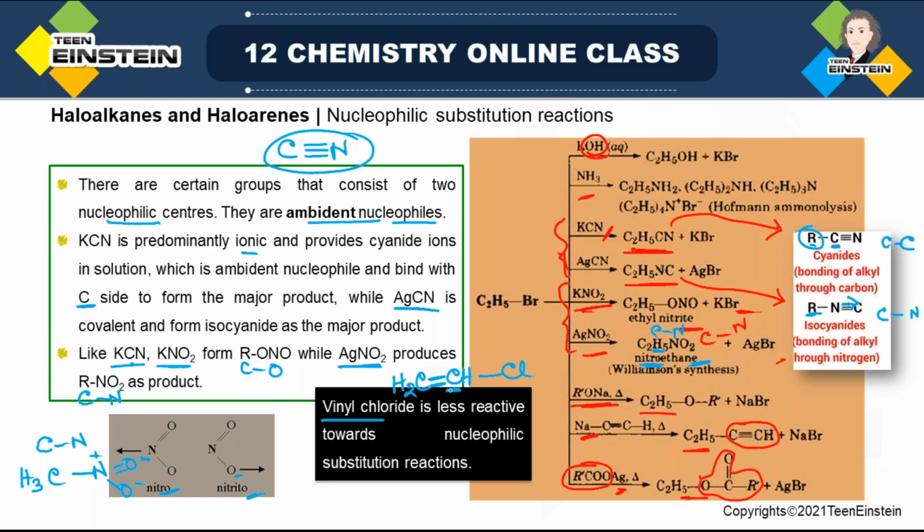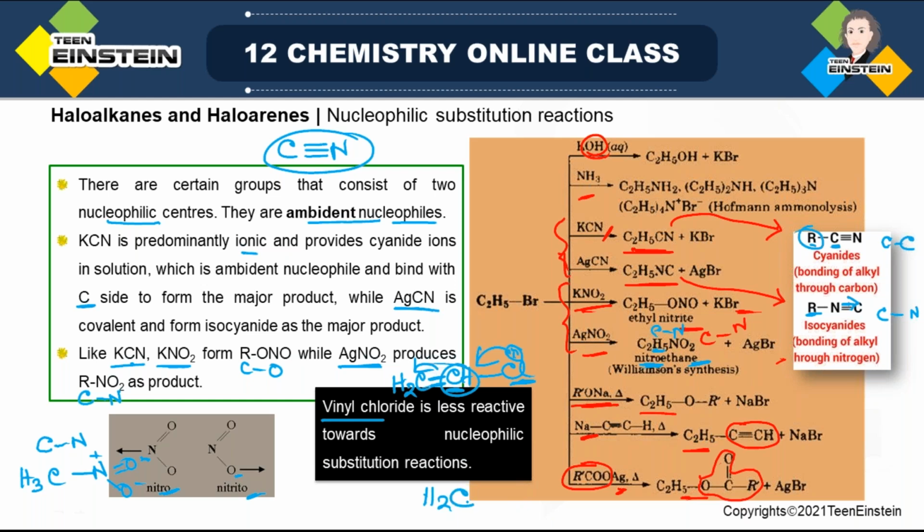Why? Because in this case this carbon is sp2 hybridized, and removal of chlorine, that is the leaving group, is difficult here. One reason is that this is sp2 hybridized, so the bond strength of carbon chlorine is high, and also because of this type of resonance, double bond character is generated between carbon and chlorine.